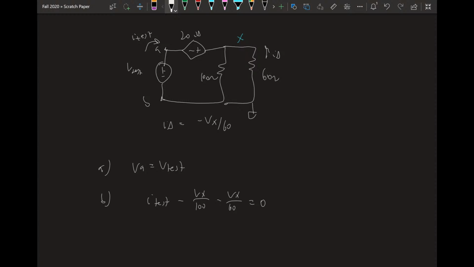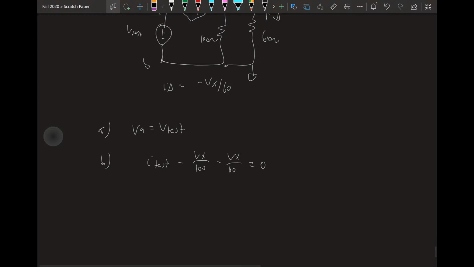And we can relate VA and Vx with the voltage source in between them. So we can say that VA minus Vx equals 20 I delta. And this equals negative Vx over 3.